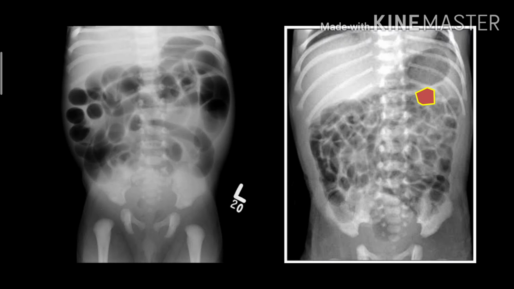But when the bowel starts to dilate, this polygonal shape becomes more and more circular. And in advanced stages, it can be really dilated. We can see the dilated colon and ileal loops, and there will be an absence of rectal gas in case of HD. So dilated loops and absence of rectal gas in HD.